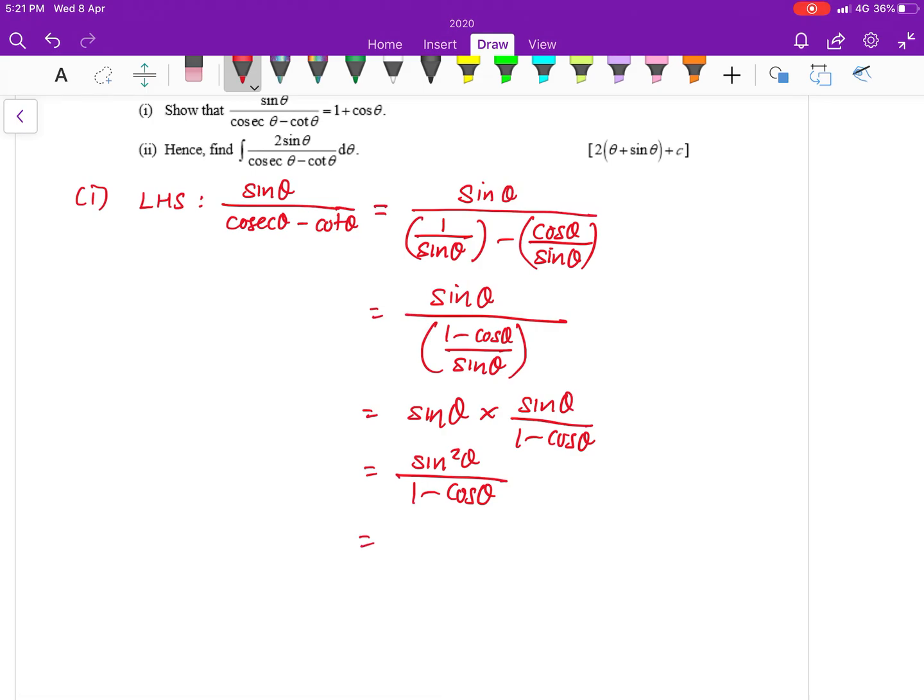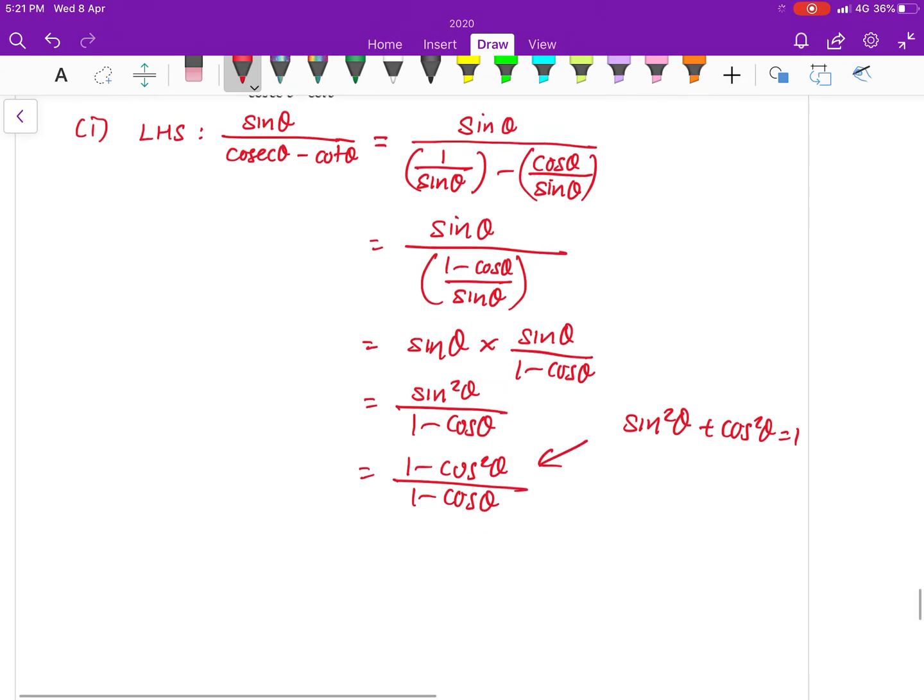Alright, we are getting very close because sine square theta can be written as 1 minus cosine square theta, if you can recall. If you don't understand why, it's because sine square theta plus cosine square theta equals 1, then bring the cosine square theta over.